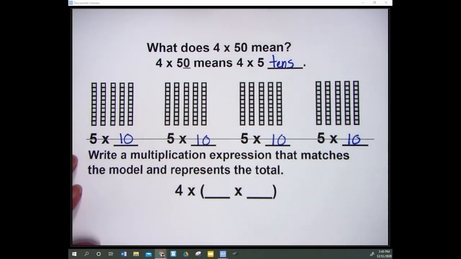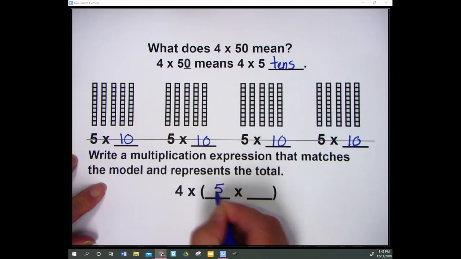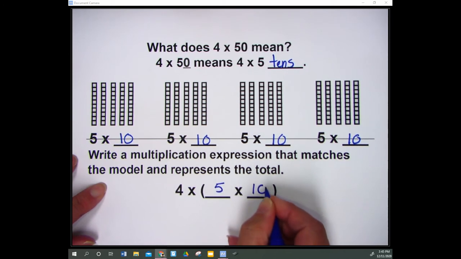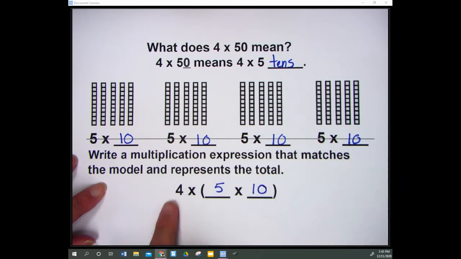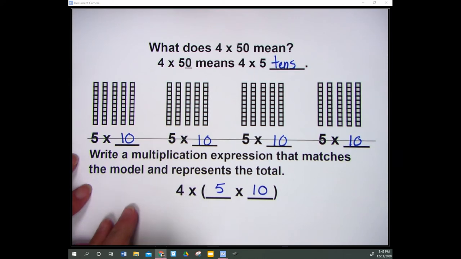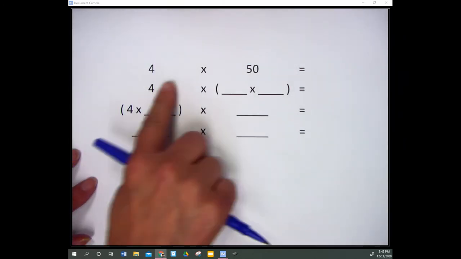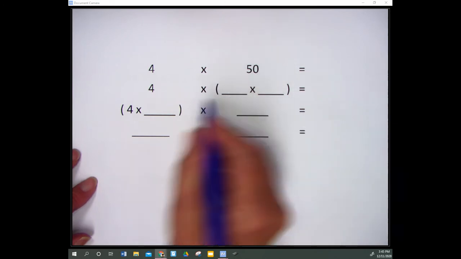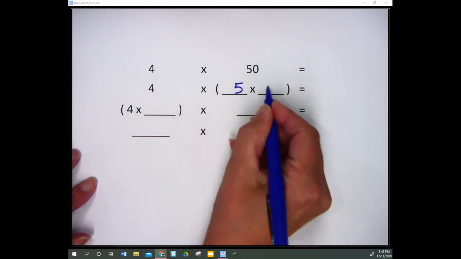Now, another way you can think about this is, that's 4 times 5 times 10. But how could I group these factors to make them easier to work with in my head? Well, that's where that associative property comes in. I'm going to regroup them like this. 4 times 50, we know, is 4 times 5 times 10.